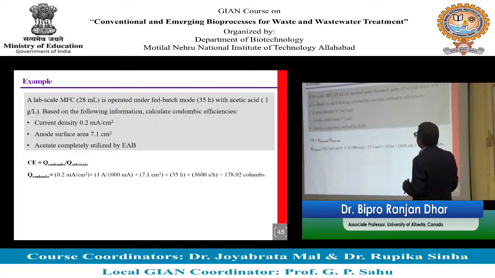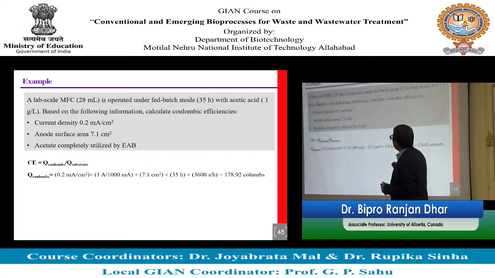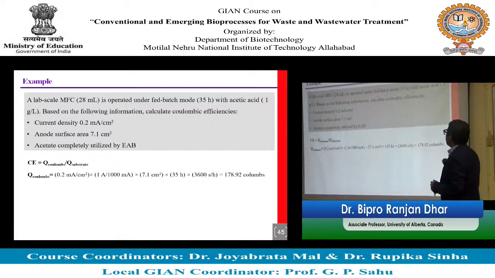How can I do that? I have 0.2 milliamp per centimeter square. I am going to convert that into amp, so I divide 0.2 by 1000 milliamp per amp. This is current density, so I have to multiply by the anode surface area, 7.1 centimeter square.